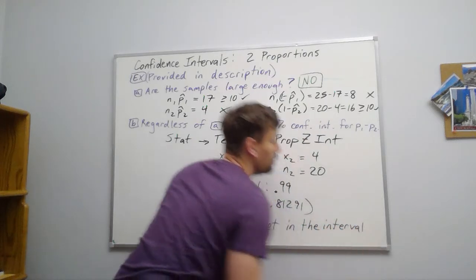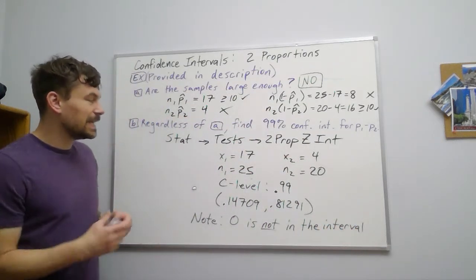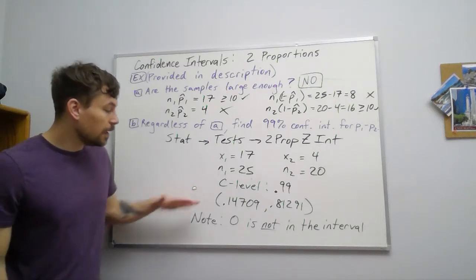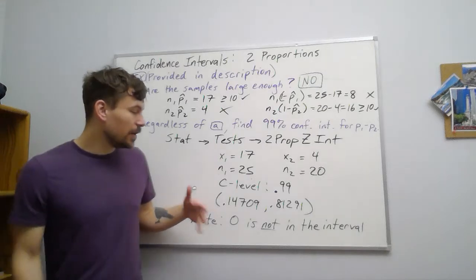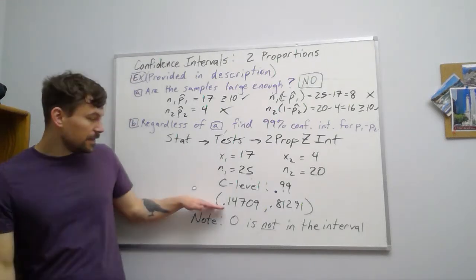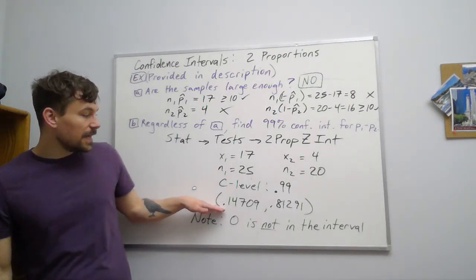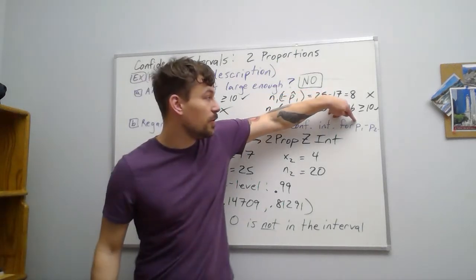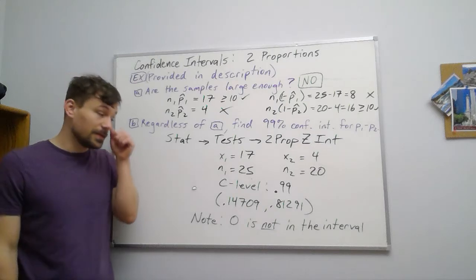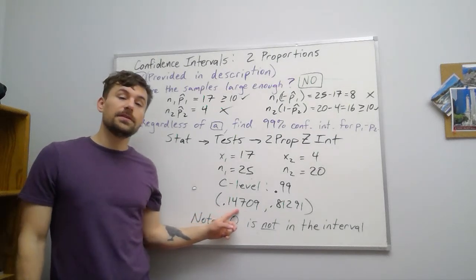In fact, it's worth noting that 0 is not in this interval. And why is that important to note? Well, sometimes when we're connecting our confidence intervals with hypothesis tests, we want to know the relationship. This interval says that even at its lowest, P1, the proportion for Pacific University, is still greater than P2.